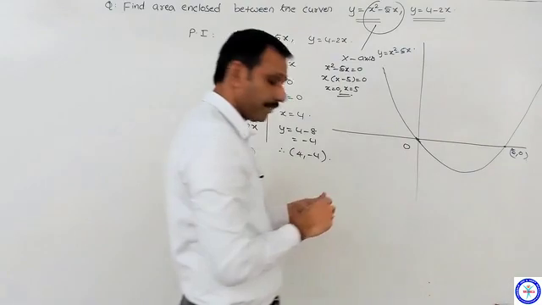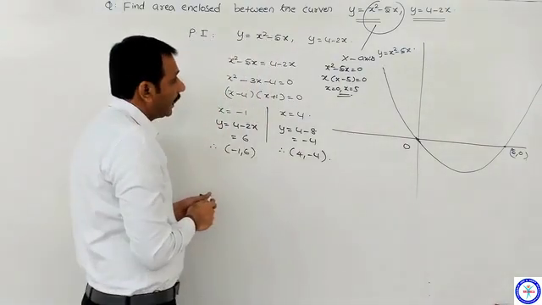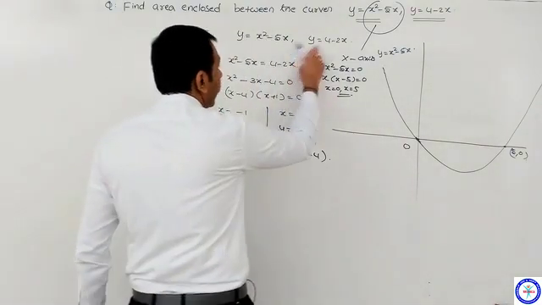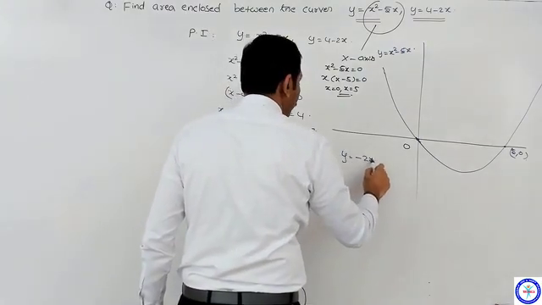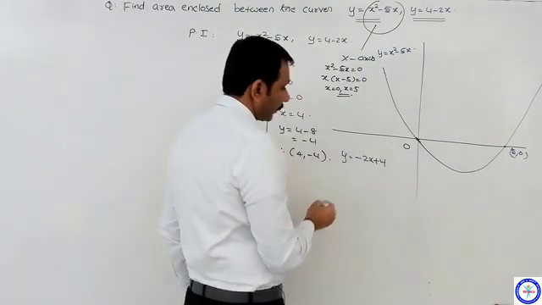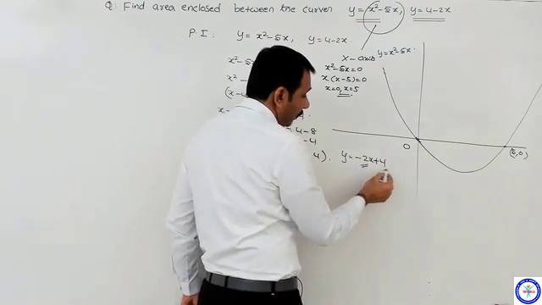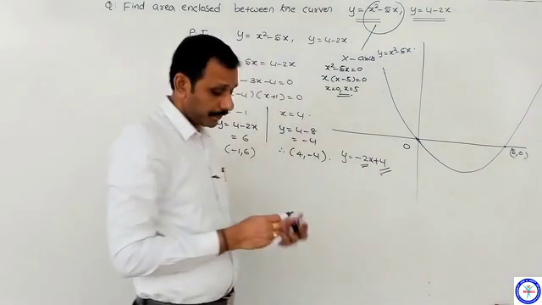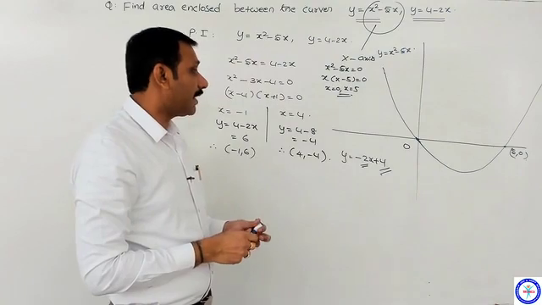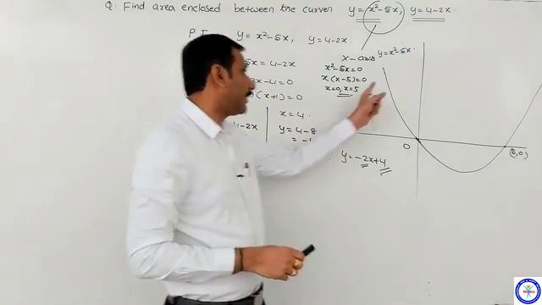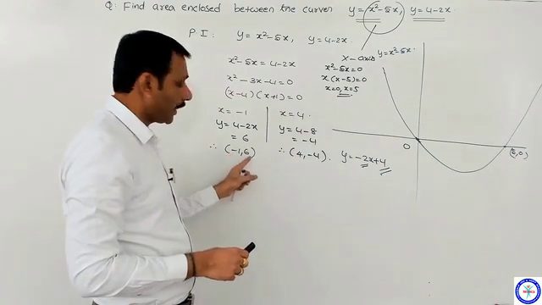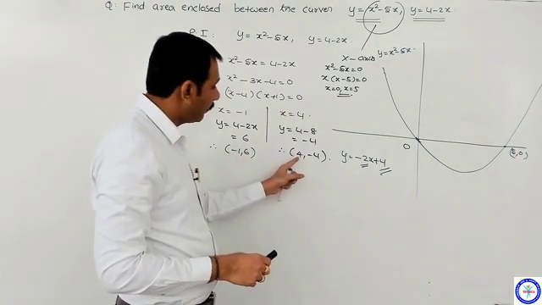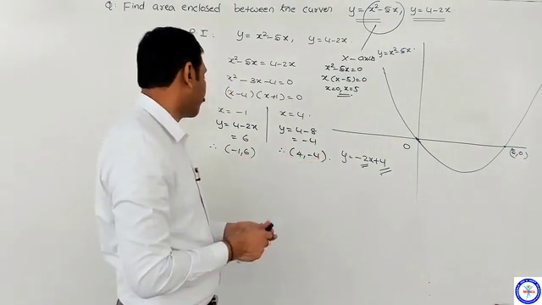Now listen, our line is y equal to 4 minus 2x, or y equal to minus 2x plus 4. Negative slope, positive y-intercept. And what are the intersection points of this parabola and this line? One at minus 1 comma 6 and one at 4 comma minus 4.